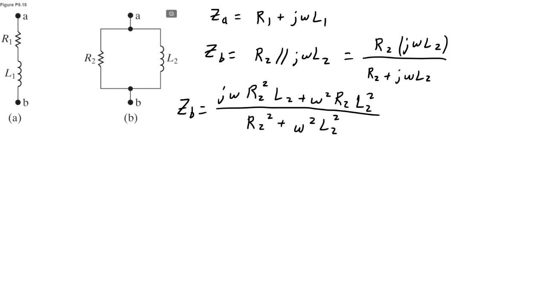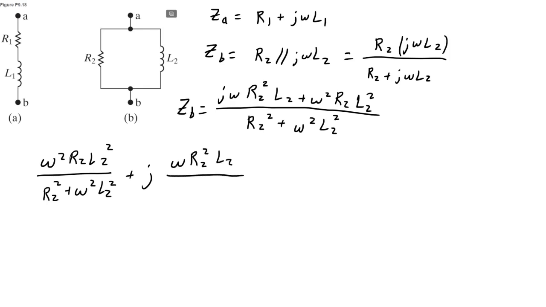So once it's in that form, we can break it up into the real and imaginary part. So the real part is going to be omega squared R2 L2 squared divided by R2 squared plus omega squared L2 squared, plus j omega R2 squared L2 over R2 squared plus omega squared L2 squared.